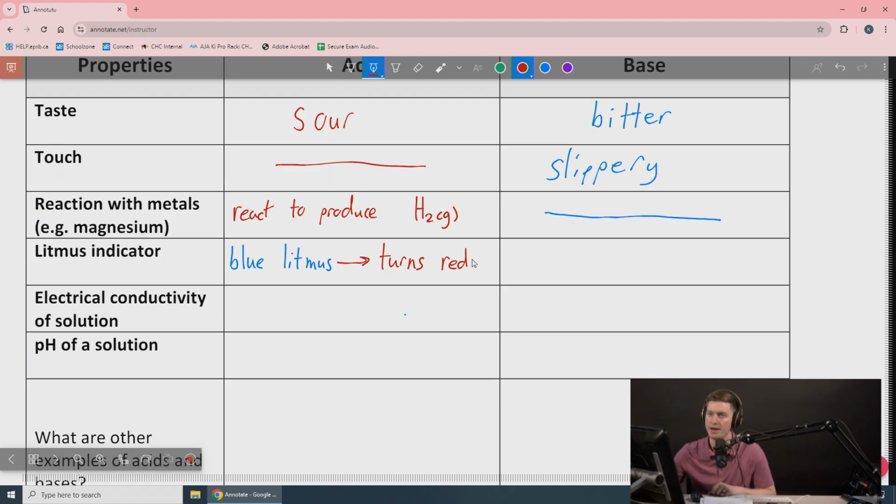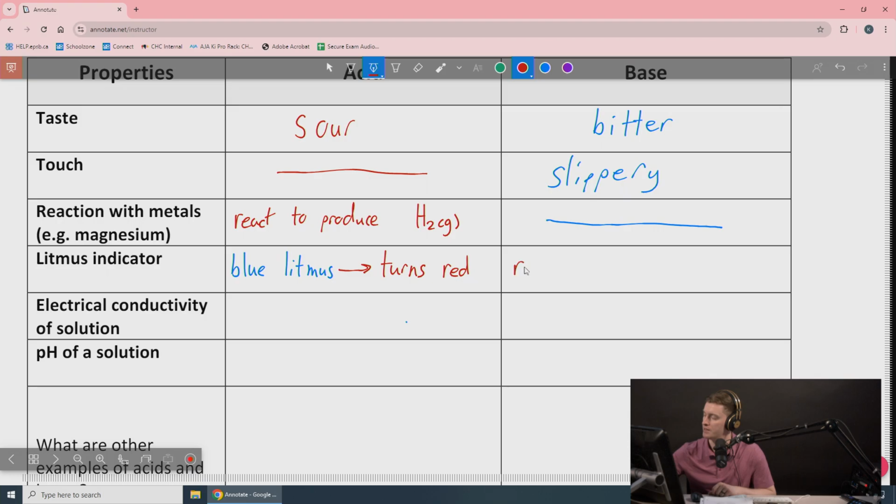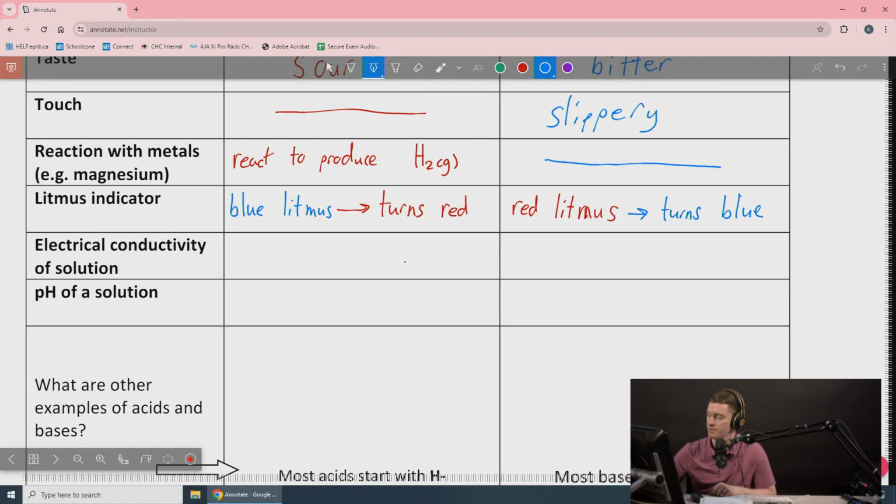The test for a base will be kind of the opposite. Red litmus paper will turn blue. And that lets you know that a solution is a base. Both of these produce ions in solution, which means both acids and bases are conductive.